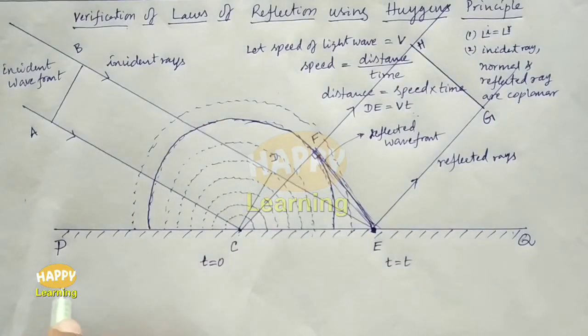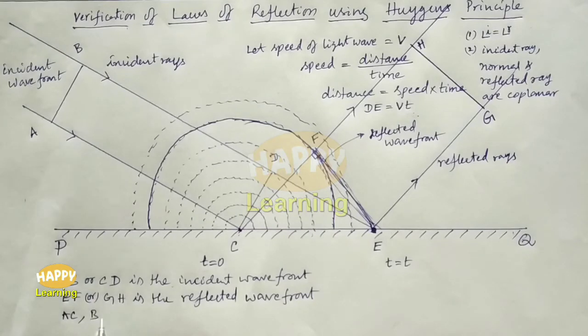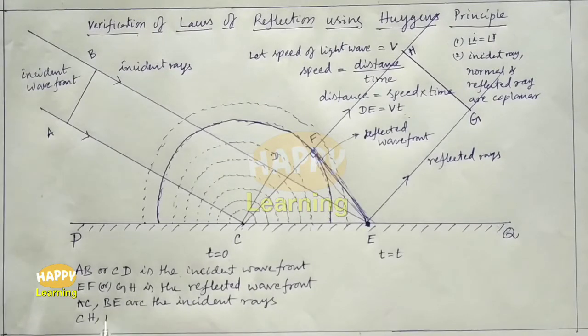Okay, so here AB or CD is the incident wavefront, EF or GH is the reflected wavefront, AC, BE are the incident rays, CH, EG are the reflected rays.